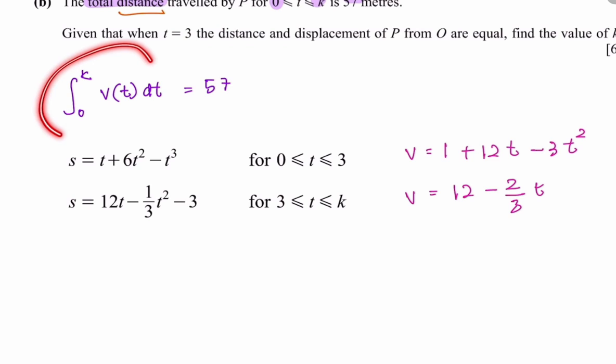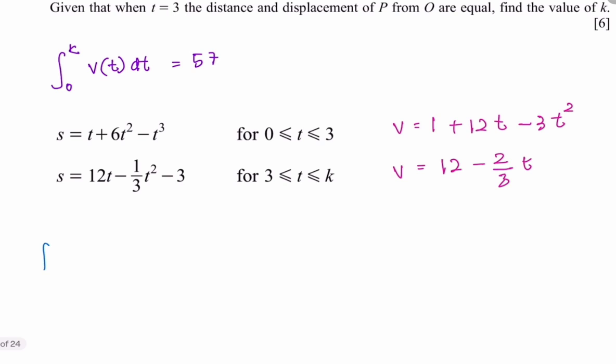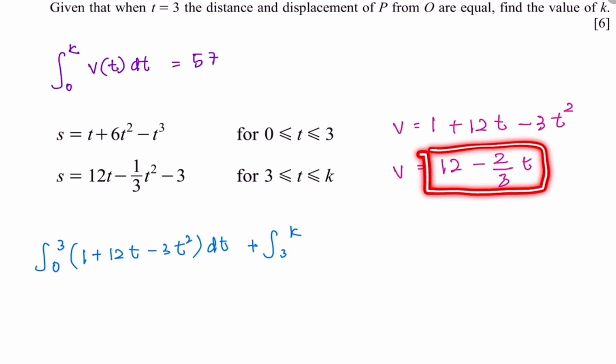We need to split this from 0 to 3 plus 3 to k. That is going to be equal to 57. So let's split the first part from 0 to 3 using the velocity function, plus the second part, 3 to k, the velocity function.